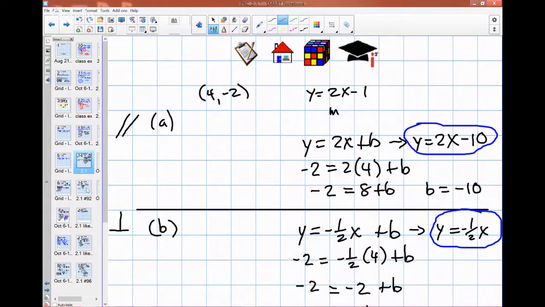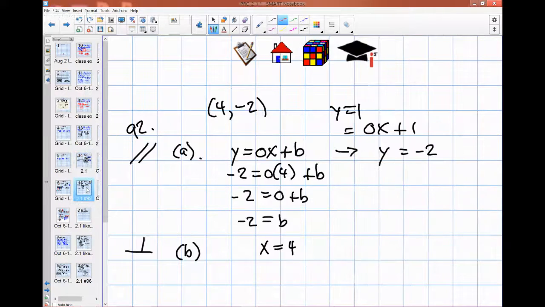I don't know where I am, so let's take one I do know about. Let's take a look at number 92. Number 92 says, write the slope-intercept form of the equations of the lines through the given point: in part A, parallel to the given line, and in part B, perpendicular.